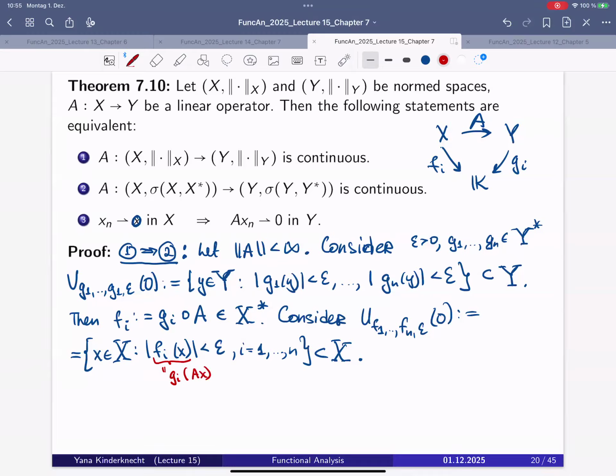So having this, we see that the image of this set with respect to A is a subset of this set.